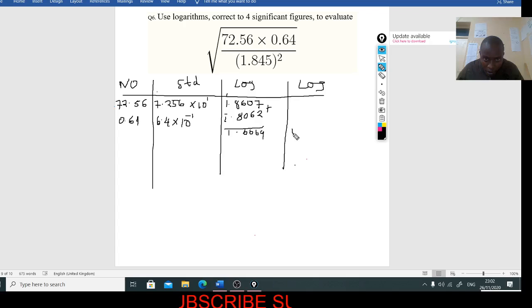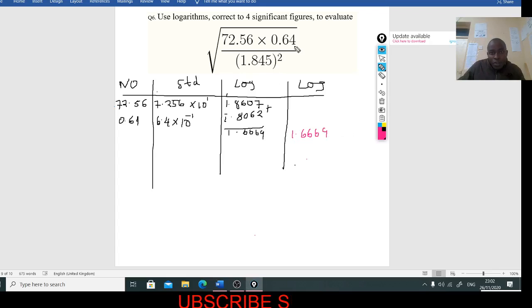So I transfer it here. It will be 1.669.